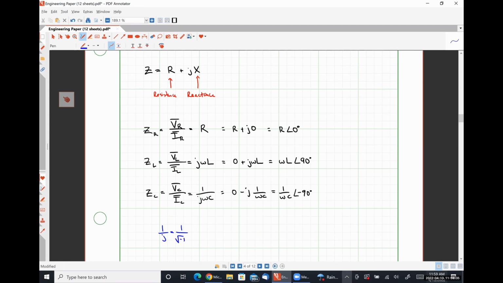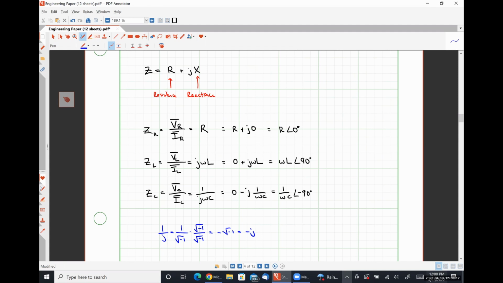Do we all concur with that? Well, if I multiply this by the square root of negative 1 over the square root of negative 1, that leaves me with negative the square root of negative 1, which is simply negative j. So anytime I see the reciprocal of j, I can just treat it as negative j because they are literally identical things.